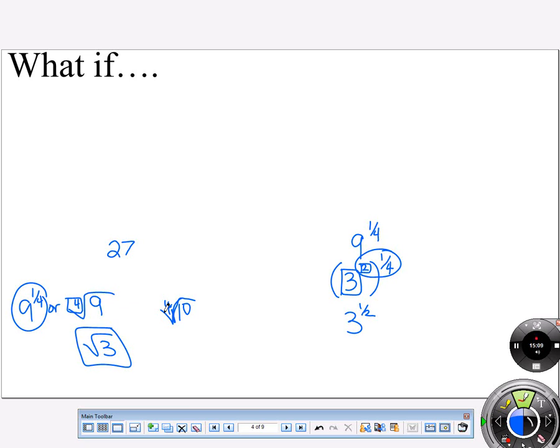Okay? So like if 27 was underneath a radical, and I haven't put the index in yet, 27 would be worth looking at because it's 3 to the third power. But only if the index was something like what? Somebody give me an index that if I put it here, that root of 27 could actually be rewritten as a different radical. CJ?